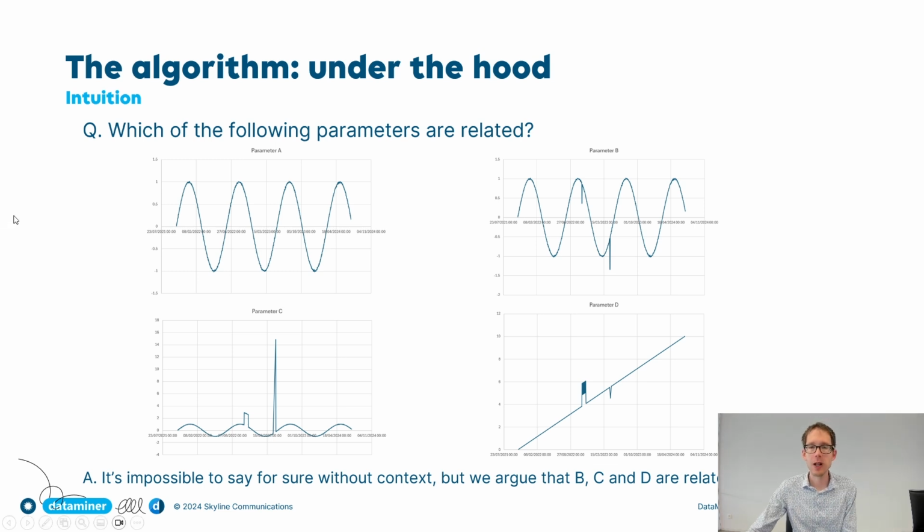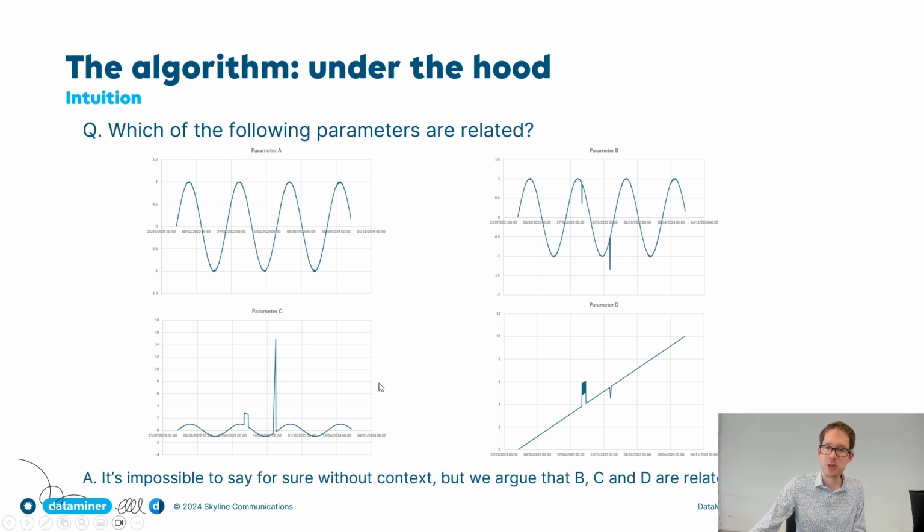And why? Well, notice that B and D, for example, have odd behaviors at the same points in time. Here, parameter B drops while parameter D has this weird increase. And here, parameter B drops and D drops as well.